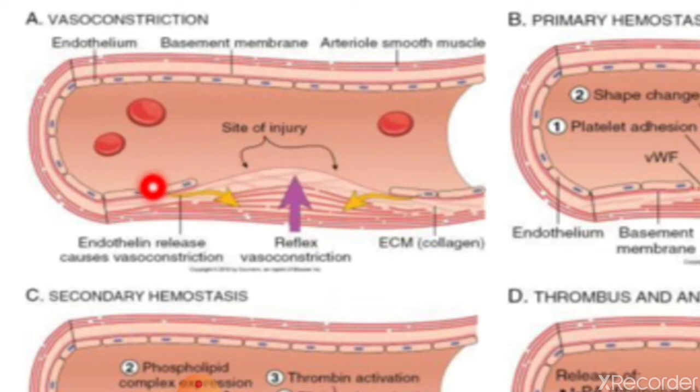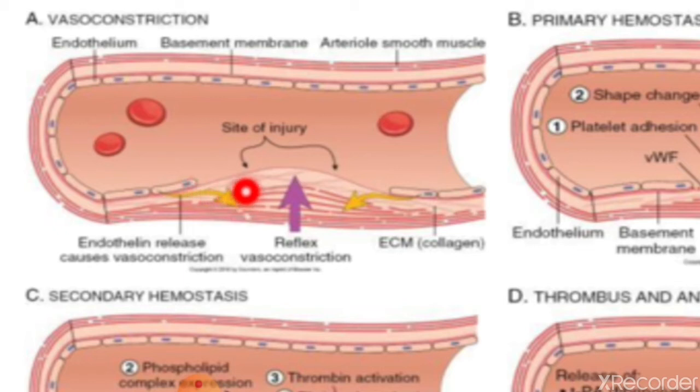Under normal condition, the endothelial cells secrete nitric oxide and prostacyclin, and both are vasodilators, because when there is no injury, vasodilatation is important to maintain the flow of the blood through the blood vessels. But when there is injury, the endothelial cell secretes endothelin, which is a vasoconstrictor.